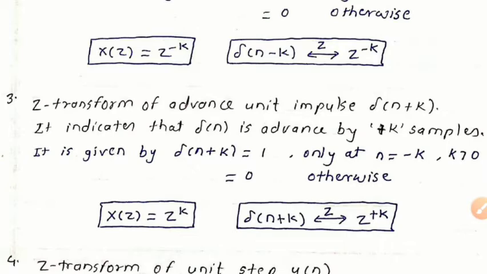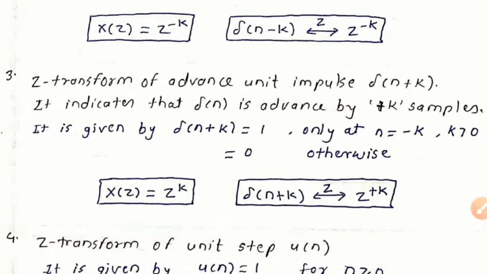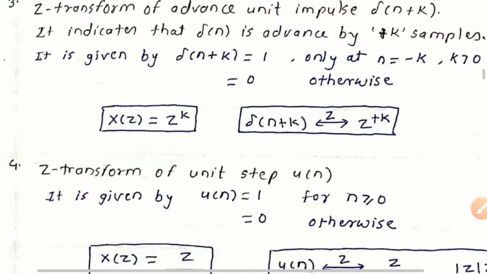This is the basic difference between the advanced unit impulse and the delayed unit impulse. For the delayed unit impulse, the Z transform will be z raised to minus k, and for the advanced unit impulse, the Z transform will be z raised to plus k. So till now we have seen three standard sequences. Let's go for the fourth one.